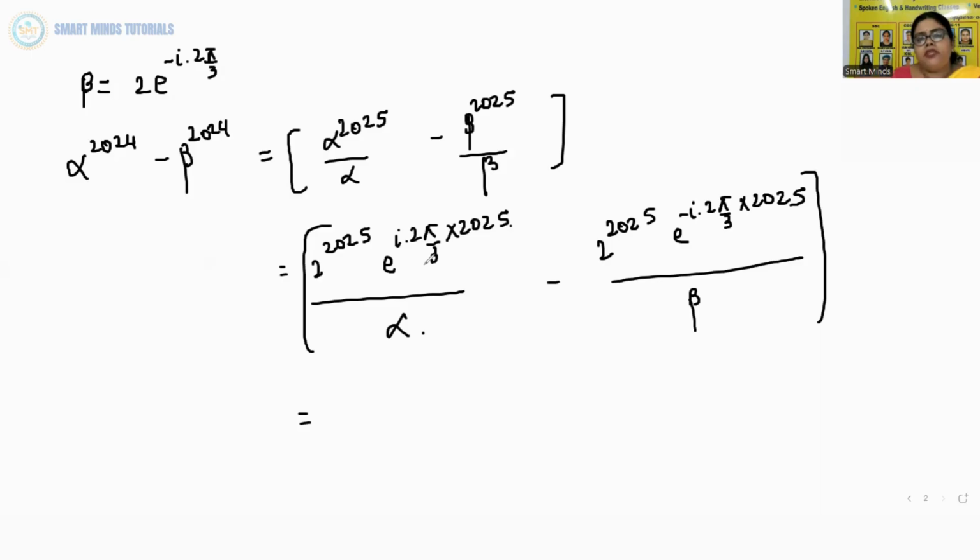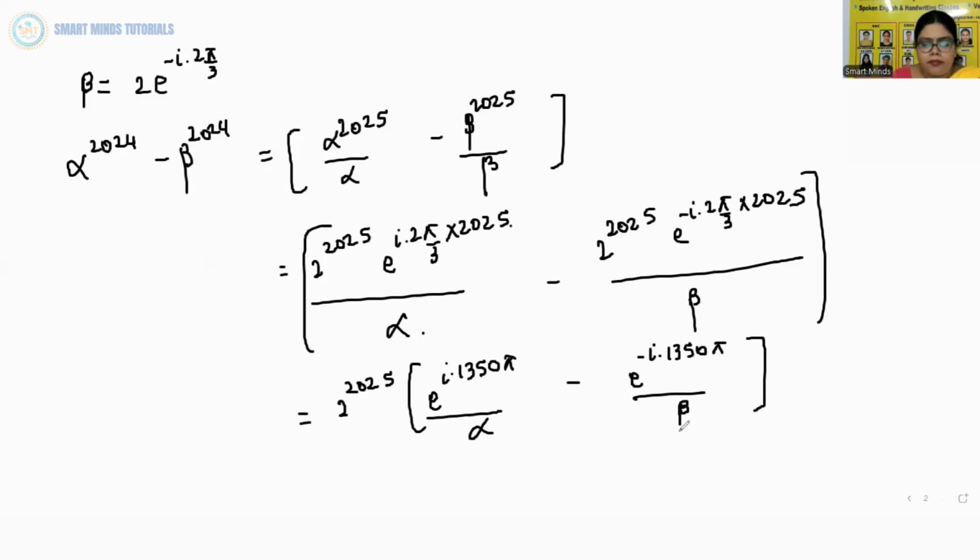So if we take 2 power 2025 common, you will get e power i into 1350 pi by alpha minus e power minus i into 1350 pi by beta. Even multiples of pi will become 1. So this is 1 by alpha minus 1 by beta.